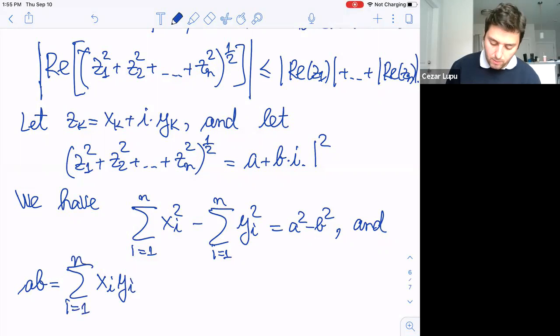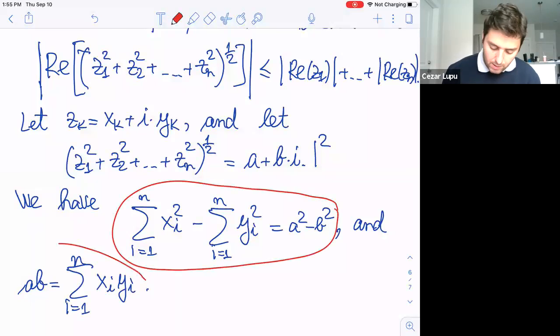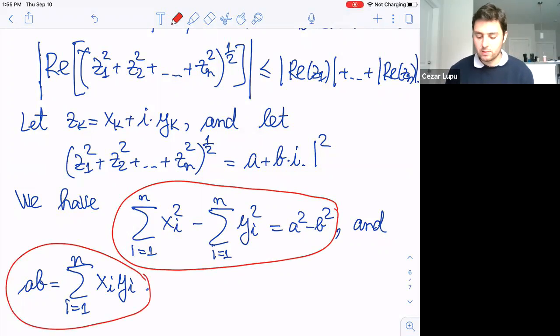That's what we have. So we have these two equalities, which just come from squaring this relation here.